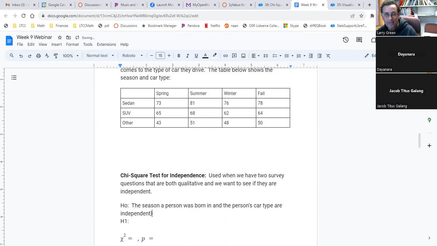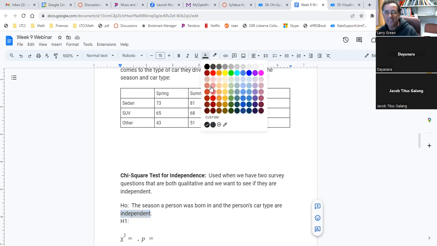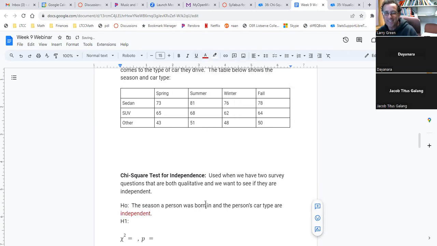And I am going to shout the word independent. So the season a person was born in and the person's car type are independent. What does that mean that you're going to have to make sure of? Yeah, you better write it or you lose points.